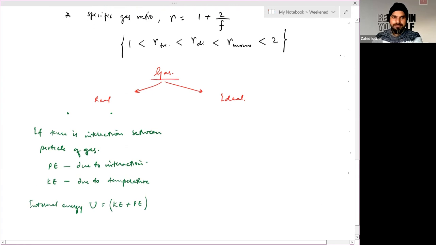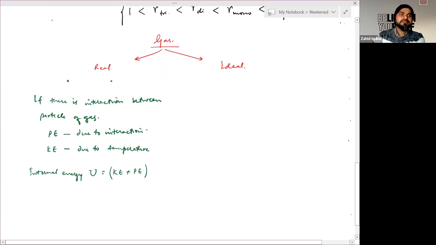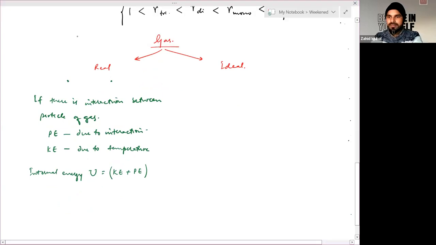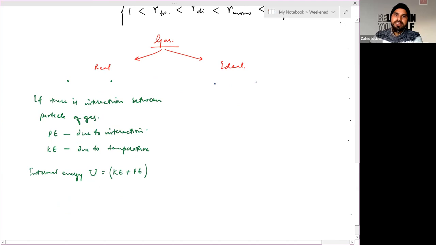Mehreen, is it clear? Saifullah, any doubt? No, sir. Now suppose there is a gaseous particle in which there is no interaction between them.